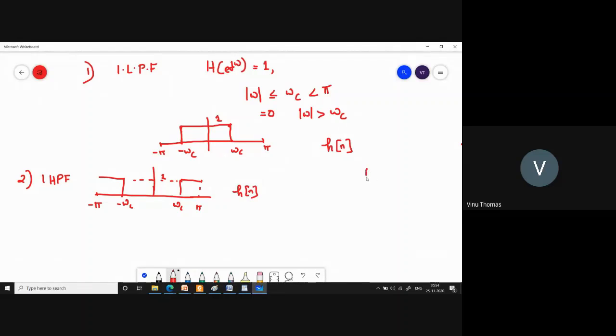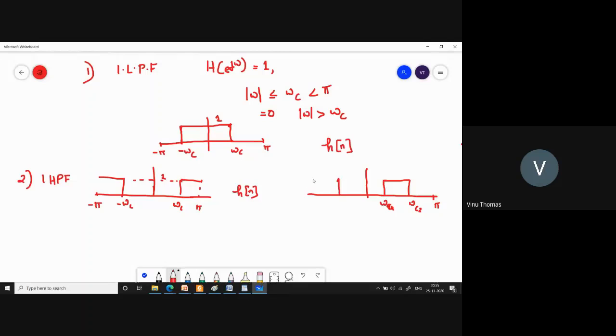Okay. So now let us look at the ideal band pass filter. Ideal band pass is something like this. You have two cutoff frequencies, omega c1 and omega c2, and this is pi.